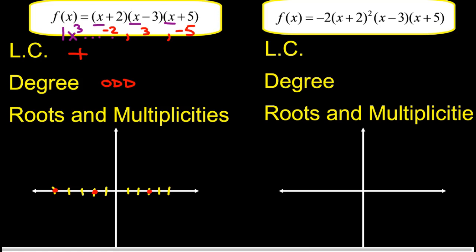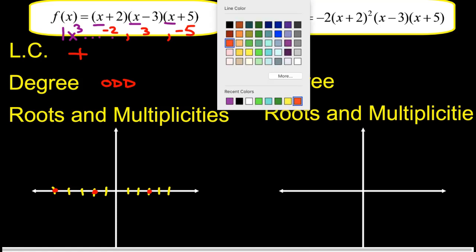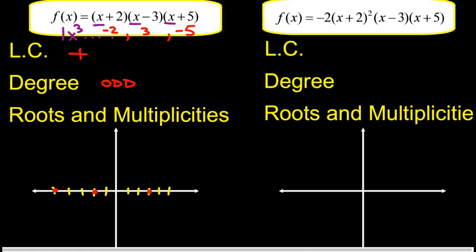Okay, this is just going to be a rough sketch. If the leading coefficient's positive, that means that from the root farthest to the right, which is the biggest root, 3, it's going to be increasing from there. The degree is odd, so from the root on the far left, or the smallest root, it's going to be decreasing. What happens at each root depends on the multiplicity.